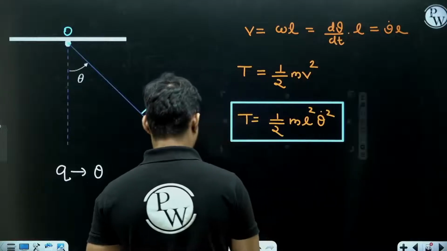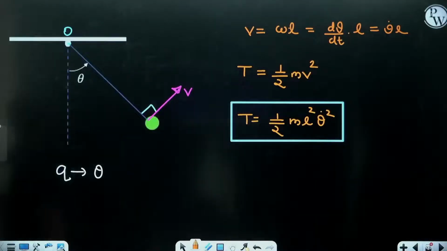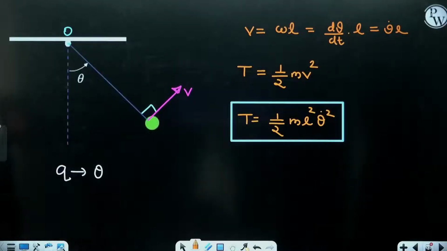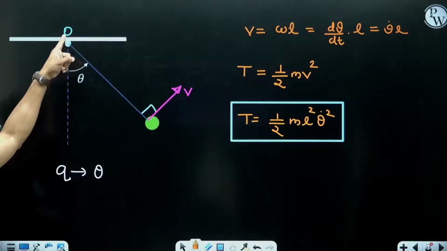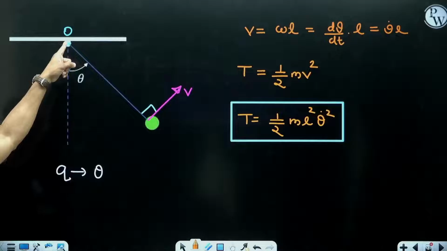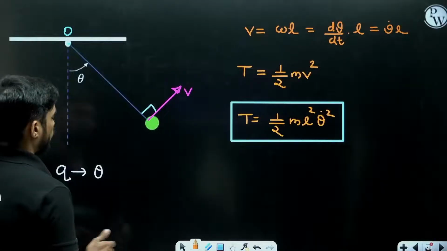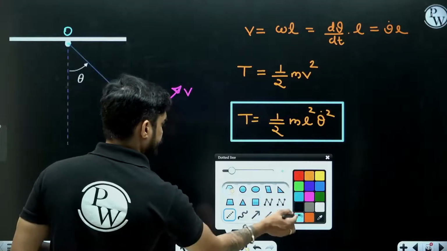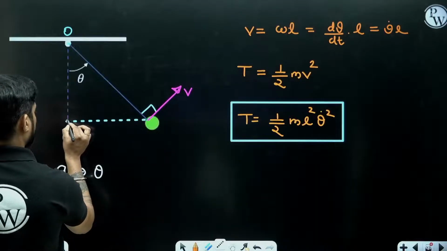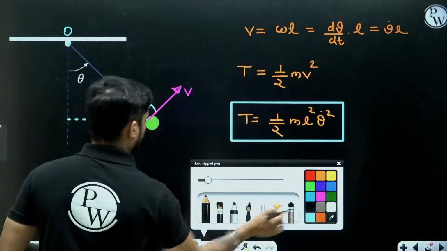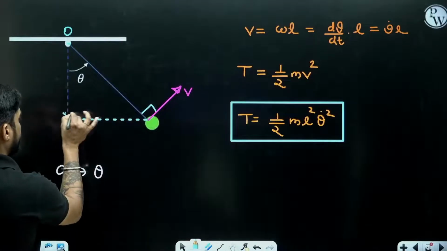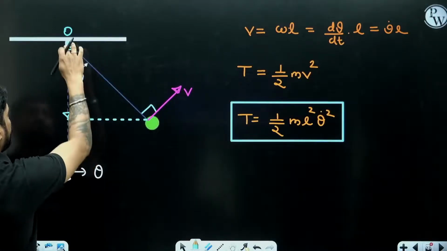Okay. Now potential energy. What will be the potential energy? Let's consider this point to be our origin. So with respect to origin, what is this height?